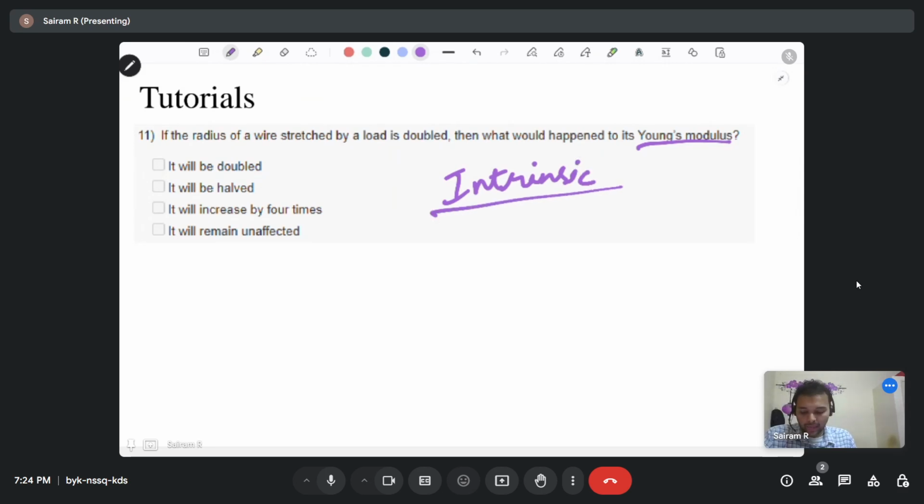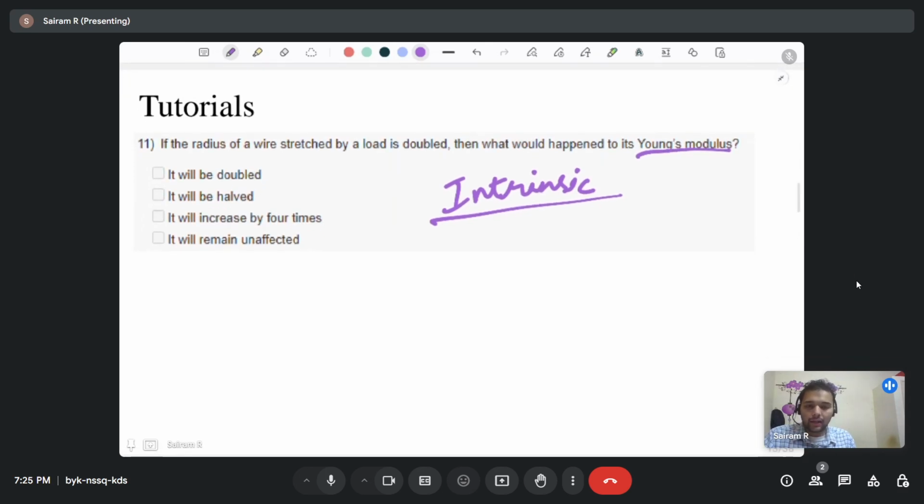in nature, which means that it does not matter what is the heat treatment or the processing that a material undergoes, unless and until the composition remains the same, Young's modulus is going to remain the same.